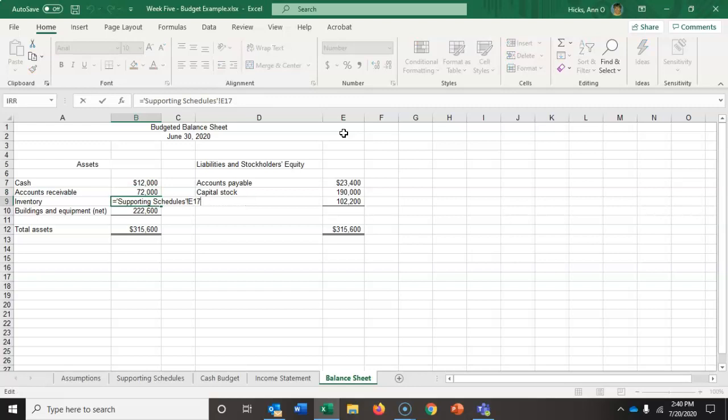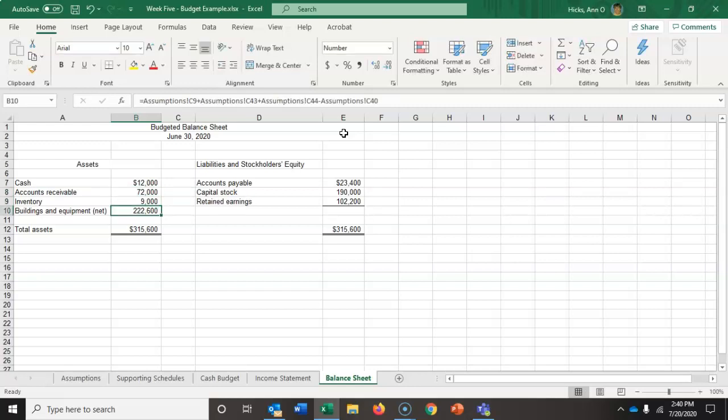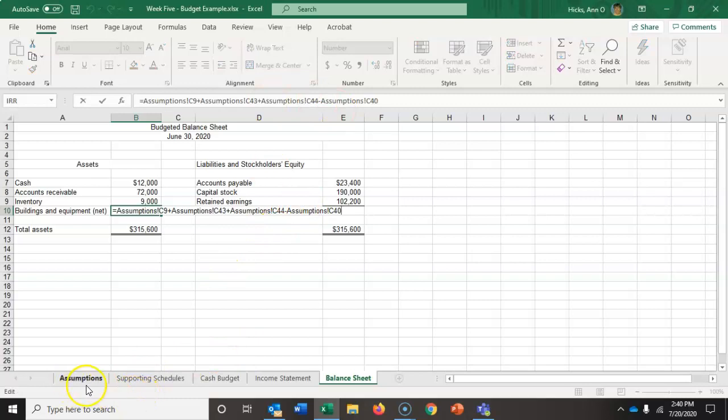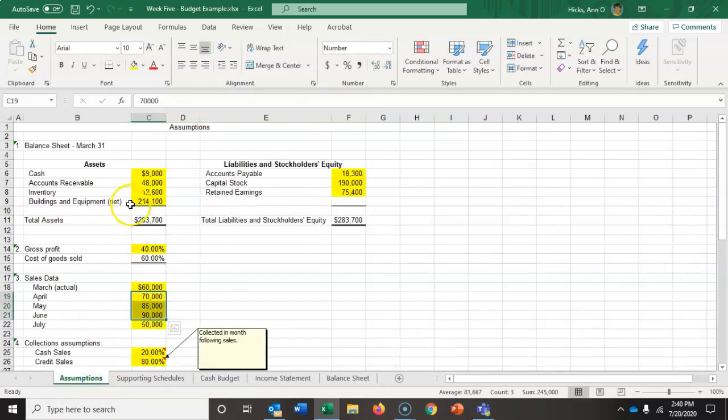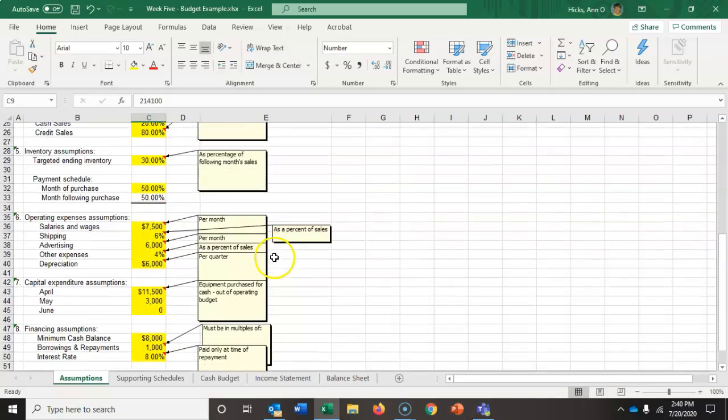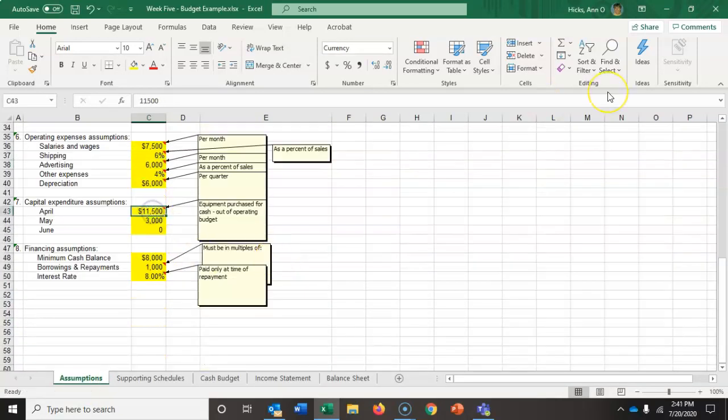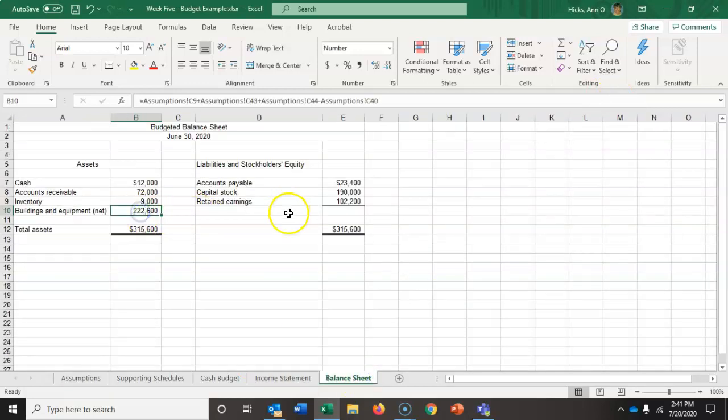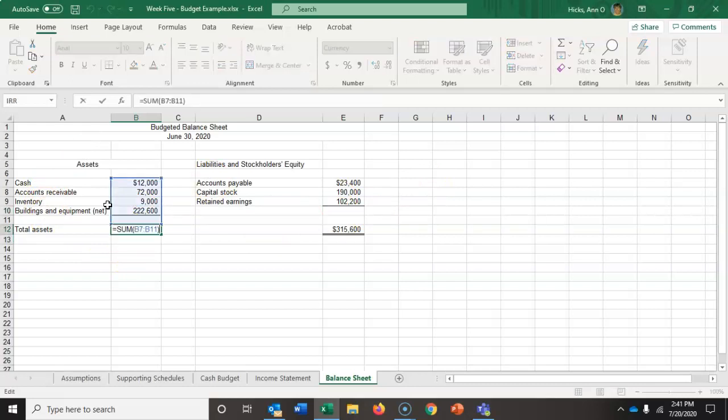Inventory, we already talked about. Buildings and equipment. This is just a function of what we ended March with, which was $214,100, plus our acquisitions in April and May, and then minus our depreciation. And that gives us $222,600. Total assets then is just the sum of that.